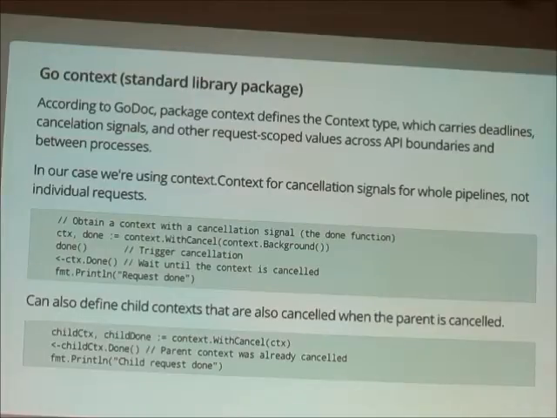And then if we want, we can wait until the context is canceled by waiting on the done channel. And then in this case, I'm printing out a message when it's done. You can also define child contexts that are also canceled when the parent is canceled. So in this case, you pass the parent in as a parameter to with cancel, and the rest basically behaves the same. So in this case, because we call the done function on the parent, we would expect the child done channel to already have closed.